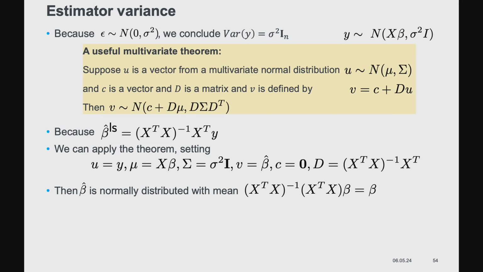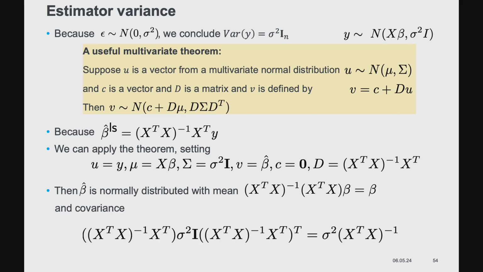Or at least they could be in theory, but practically speaking, they never are. What this also means is that we have this covariance, and this covariance we can, with this theorem, describe eventually as sigma squared times x transpose x inverted.